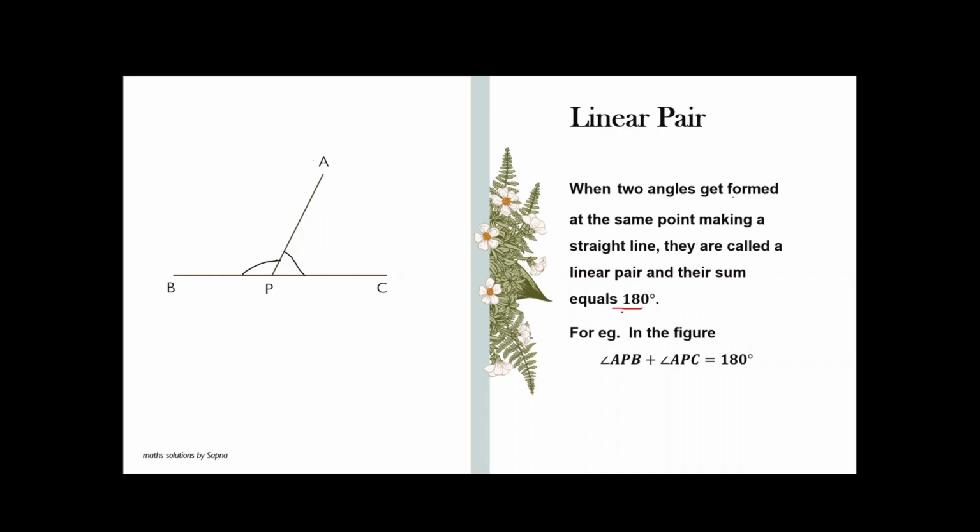Why is it so? If you have ever seen a protractor, it's constructing a 180 degrees angle, isn't it? A straight line, a semicircle, correct? So that is why angle APB, which is formed at P, and angle APC would give you the sum as 180 degrees. We can directly use this result in solving complex problems, right? I hope it's clear to you.